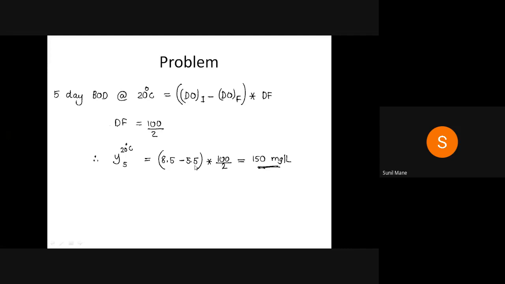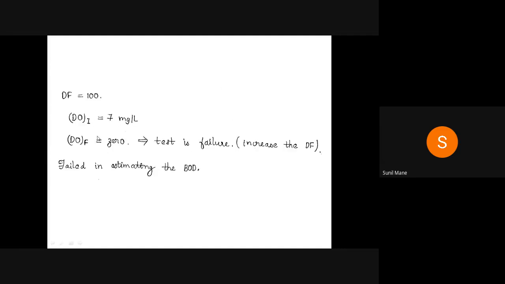So oxygen is remaining there. It is going to give a certain reading, but in this case we don't know at what point the oxygen has come to 0. That is why we can say that the test is a failure. That's why the test has to be carried out again for that particular wastewater.